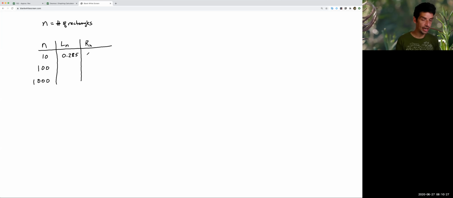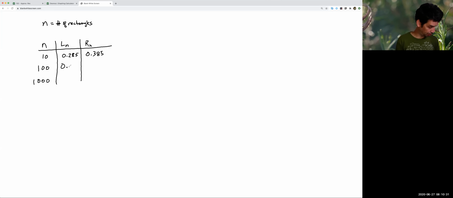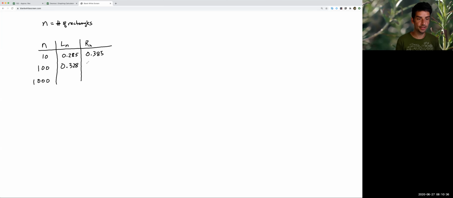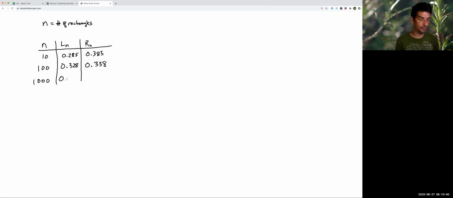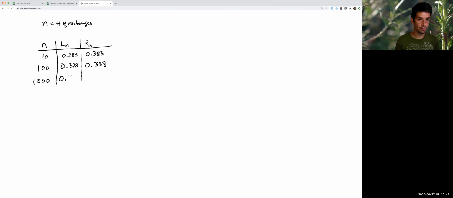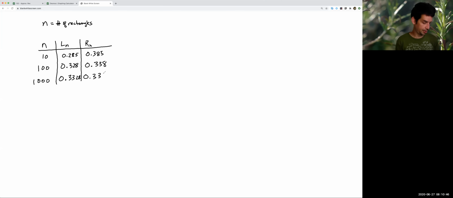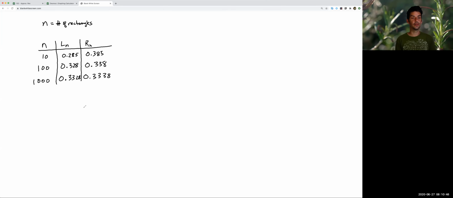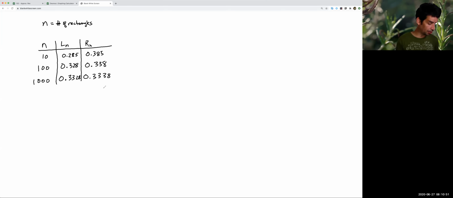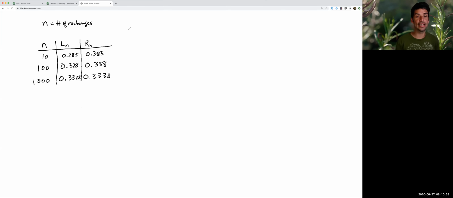And for right rectangles, I got 0.385. We got 0.328 for our next approximation, and 0.338, and then finally 0.3328, 0.3338. Okay, so notice how much closer that's getting, right?